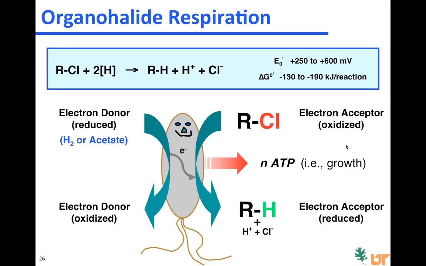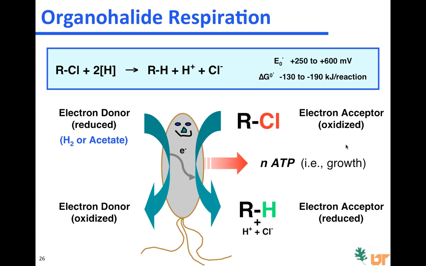On the next slide, this reductive dechlorination process linked to energy gain is now called organohalide respiration. In principle, you need a chlorinated compound and an electron donor. The chlorinated compound is reduced, you generate HCl, and this is an energetically favorable process.